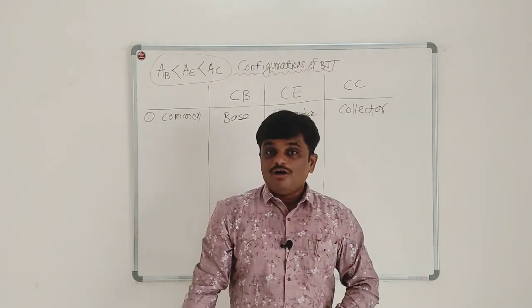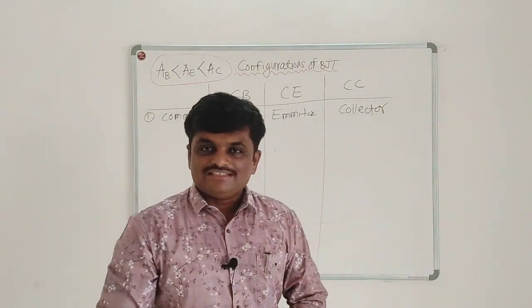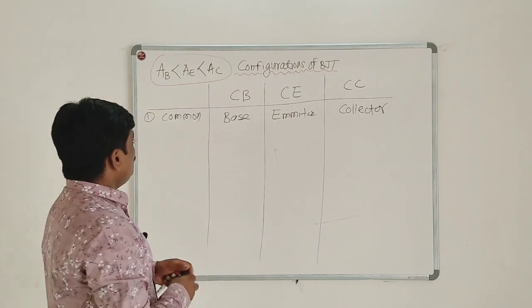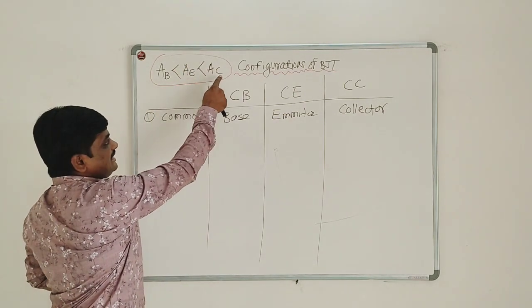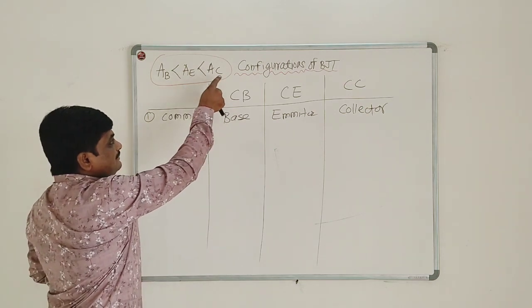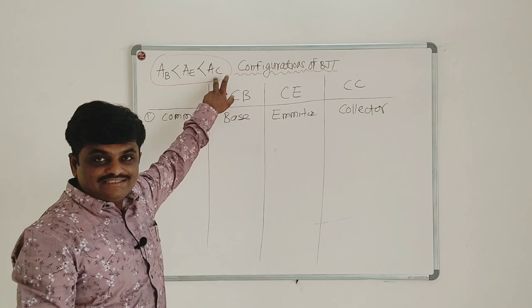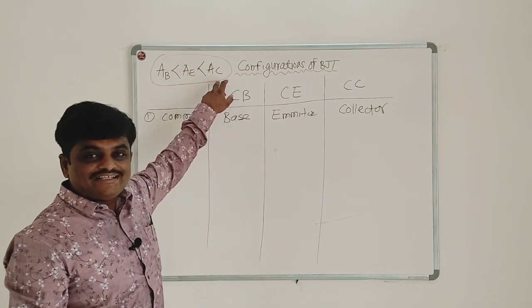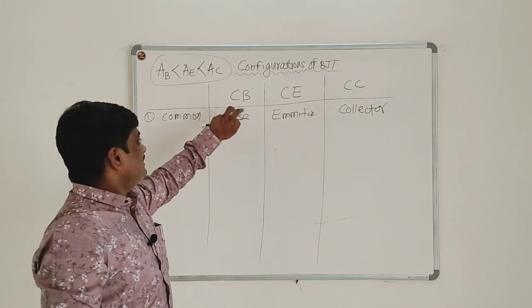Now let us consider common base configuration, CB configuration. In CB configuration, base is common. So forget about this base terminal. The remaining two terminals are emitter and collector. Out of emitter and collector, the collector is having more area. So treat collector at the output side. It is just a trick to remember this configuration.